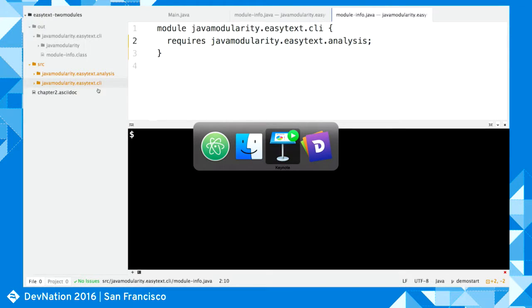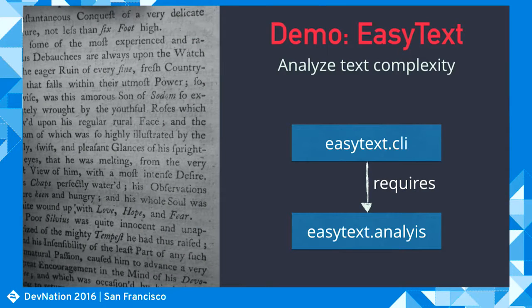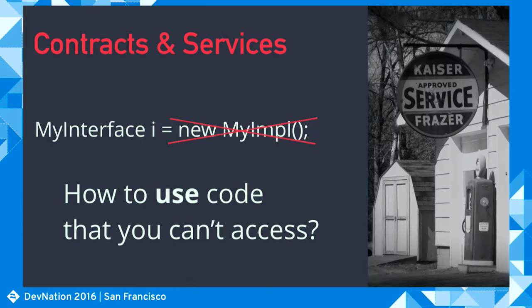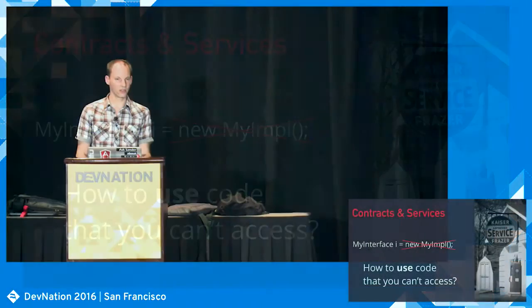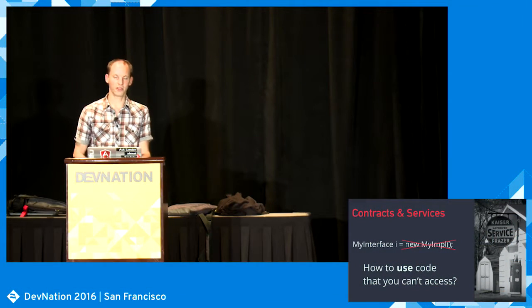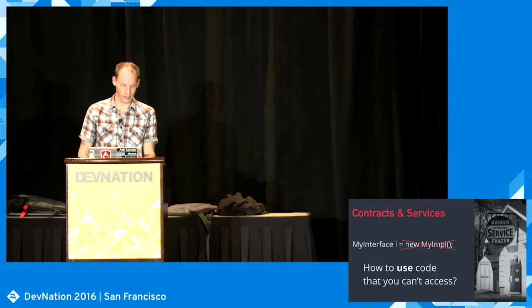So let's move back to the slides for a second again and talk about a different problem. Because what we've seen here is that we can control what we expose and we have explicit dependencies, but still I was talking directly to this class, which sort of sounds like an implementation detail.